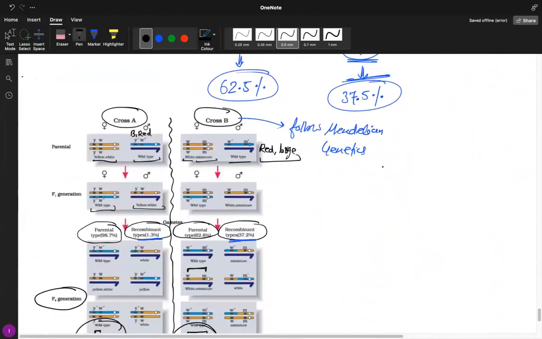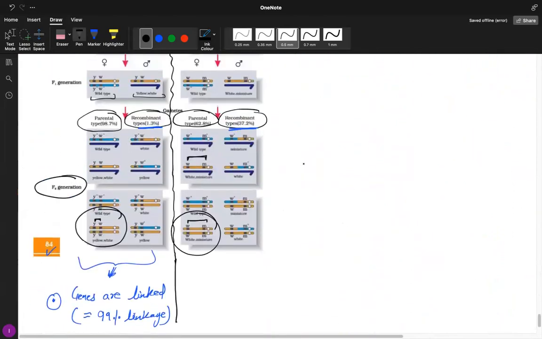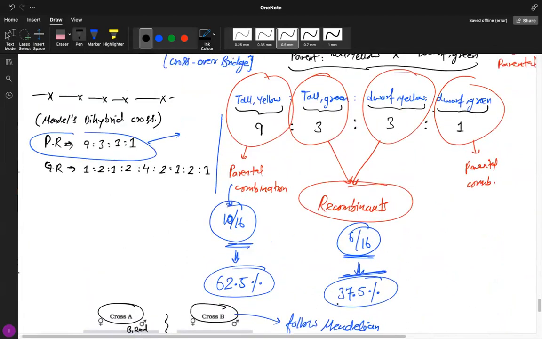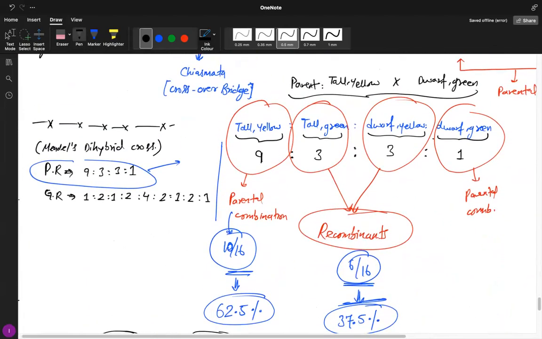We also figured out in the last class the percentage. In a normal Mendelian cross, any two genes that follow Mendelian genetics in a dihybrid cross in the F2 will have a phenotypic ratio of 9:3:3:1. Of a total of 16 progenies, 6 have to be recombinants, right?